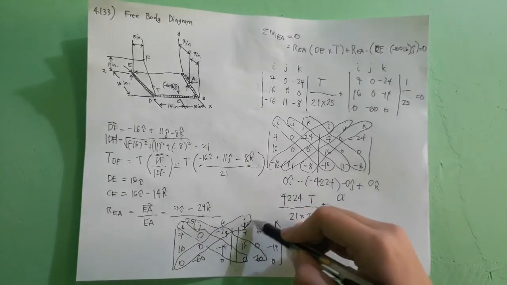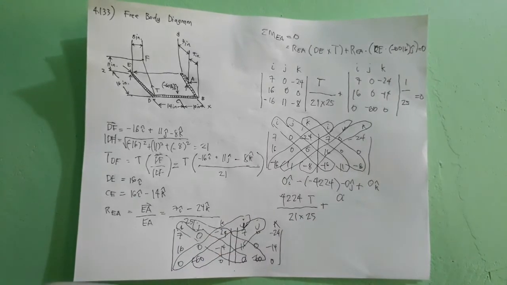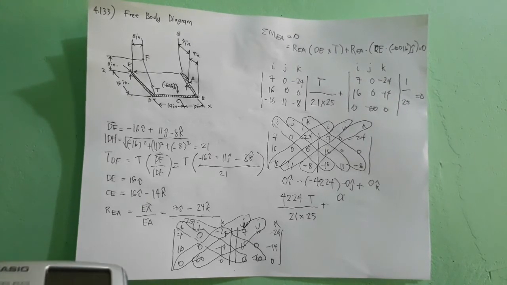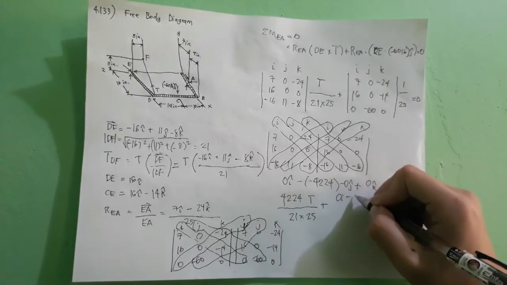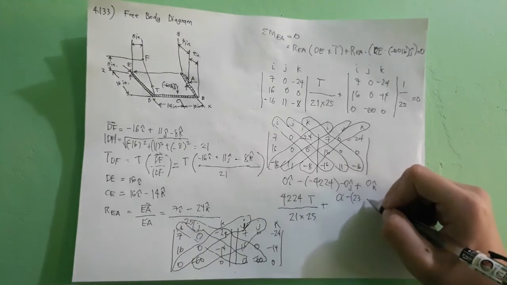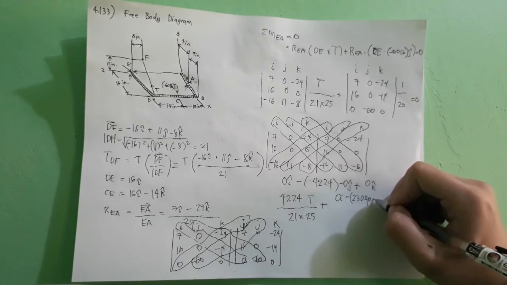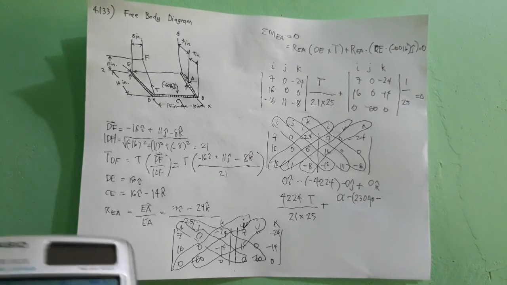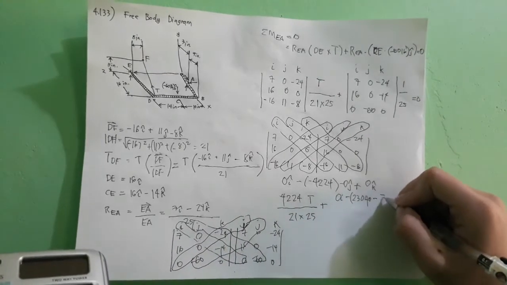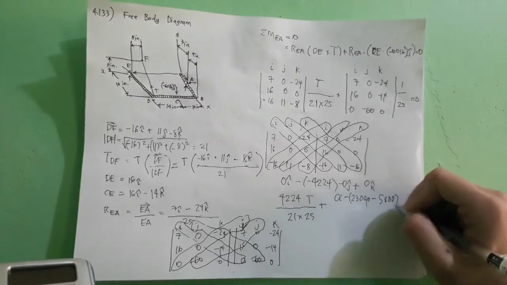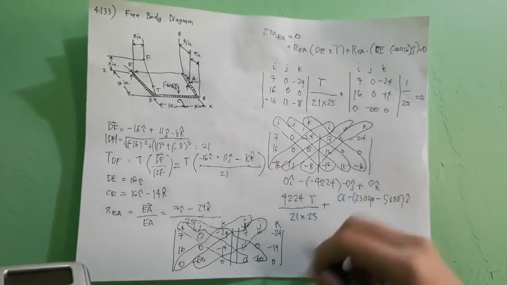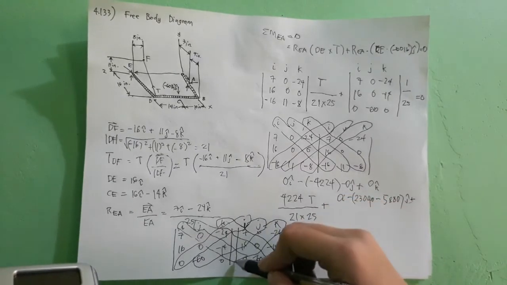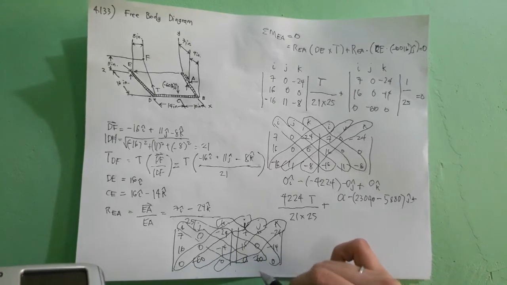J: negative 24 times 16 times negative 60 is equal to 23,040, minus 7 times negative 14 times negative 60, which is 5,880, j hat, plus for the k, 7 times 0 times 0 is equal to 0.